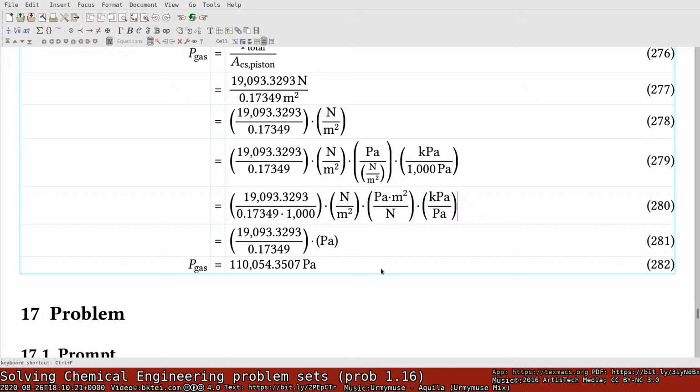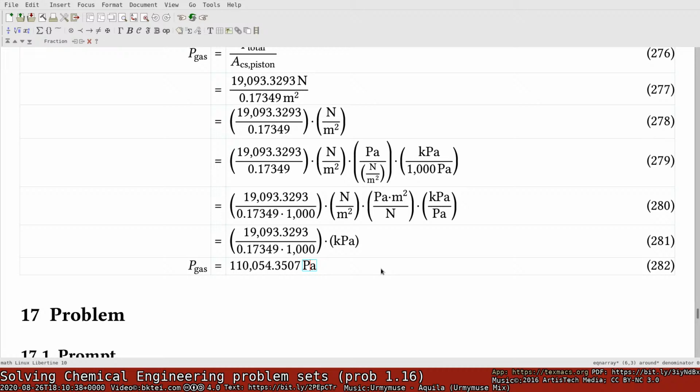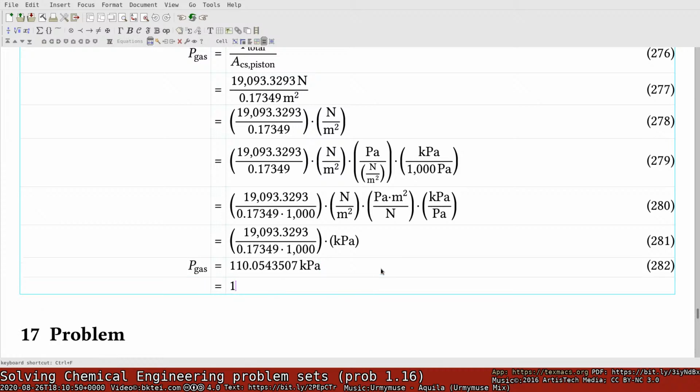So 1,000 goes into the number thing. We got kilopascals. So that should be the same, except we get a 1,000 figure down here. And all that really should change is that we get this. Let's go ahead and just round that to 110 kilopascals.